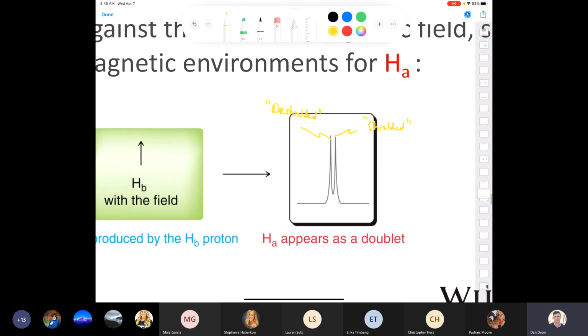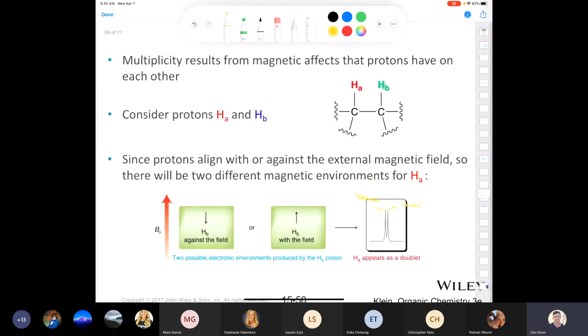So we end up with a doublet. Now give me a thumbs up if it makes sense. That's my second explanation. Two spin states for HB, and therefore it's kind of like two little micro environments for HA to exist in, and they're different. One's going to produce a shielding effect. The other one produces a de-shielding effect. All right.